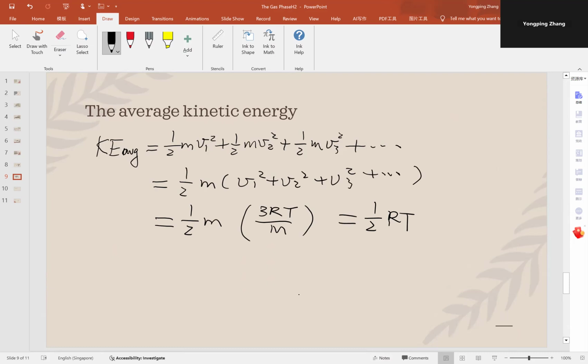From this equation, we can see the kinetic energy is proportional to T.